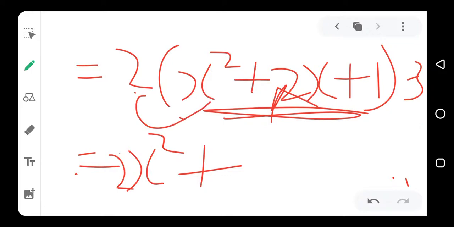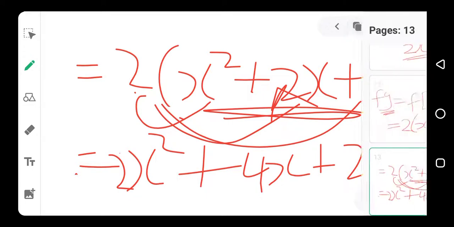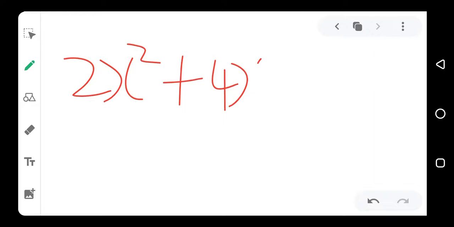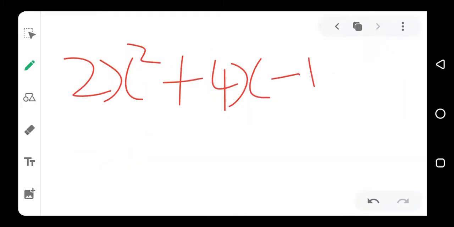Use these 2 times this, use it and times this and use it and times this, plus 4x plus 2, then minus 3. So it is going to be 2x raised to power 2 plus 4x plus 2 minus 3 is equal to minus 1, then minus 1.